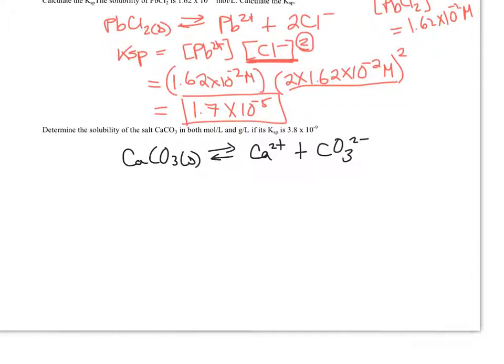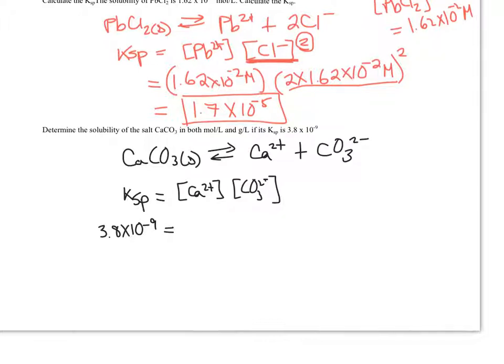We're going to write our Ksp expression. It is the concentration of the Ca2+ times the concentration of the CO3 2-. Now in this case, they give us what the Ksp is. They give us that it's 3.8 times 10 to the negative ninth.